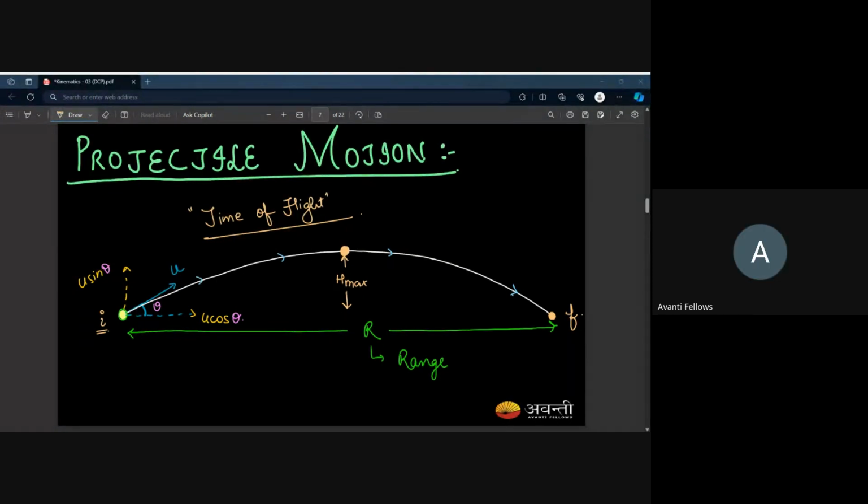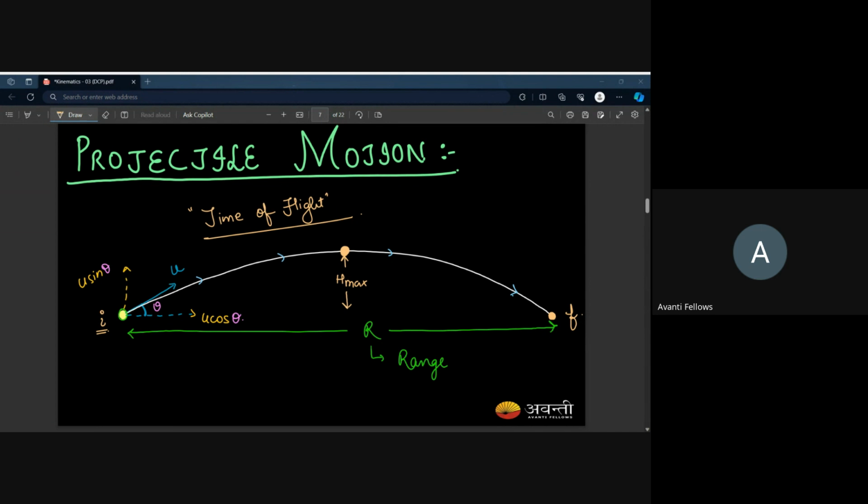One thing that I want you to make a note of: always use the Cartesian coordinate system to assign the direction. For example, in this case, we all know that Earth always attracts everybody to its center. Every object gets attracted by Earth towards its center, which means acceleration due to gravity will always be in the negative y.